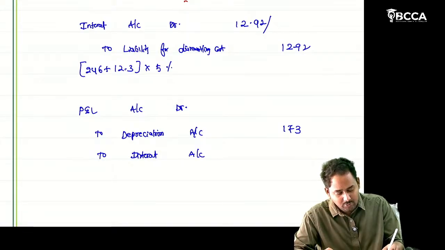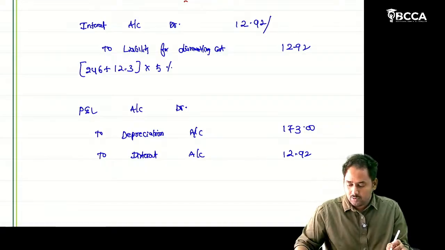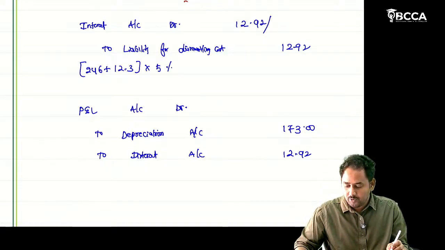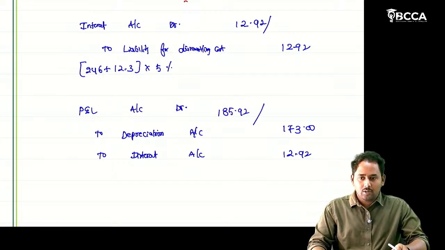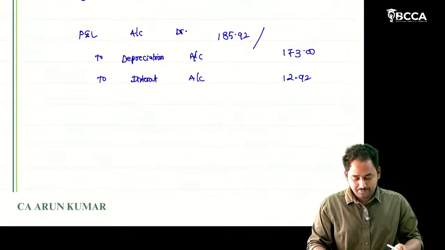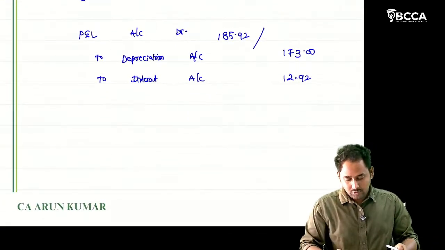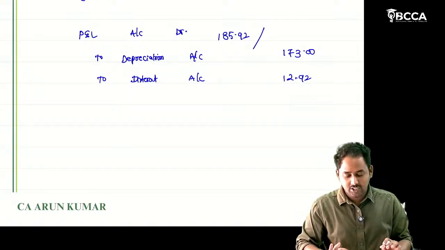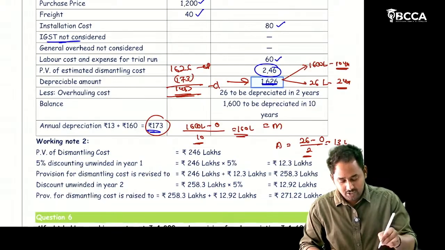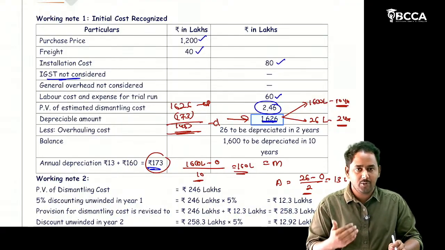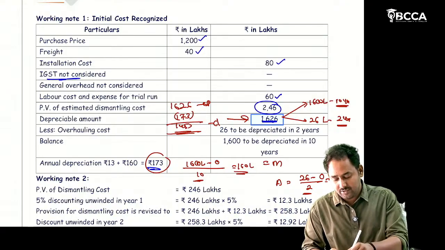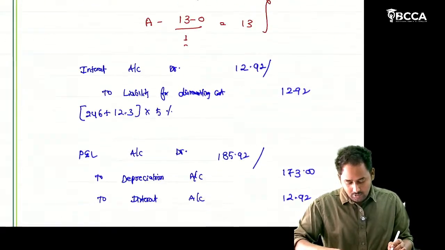What is the interest amount? 12.92. So 173 plus 12.92 is 185.92. Okay. So these are the journal entries I should provide. But in our answer, they have given only the calculations, they are not providing the journal entries. So that's why I provided them in our notebook.